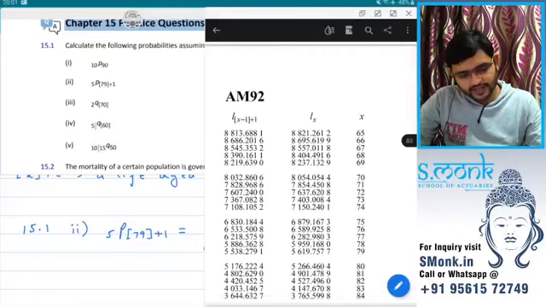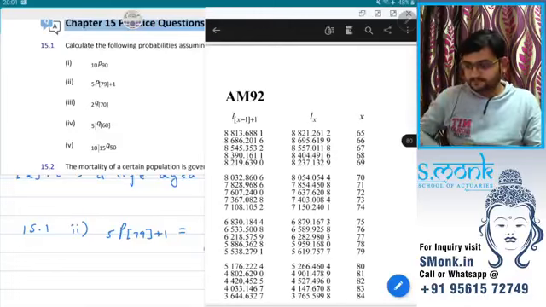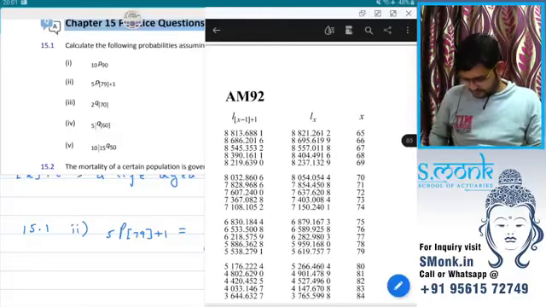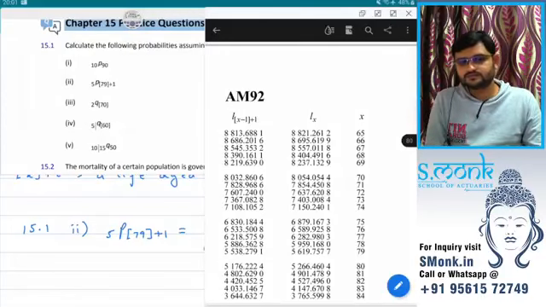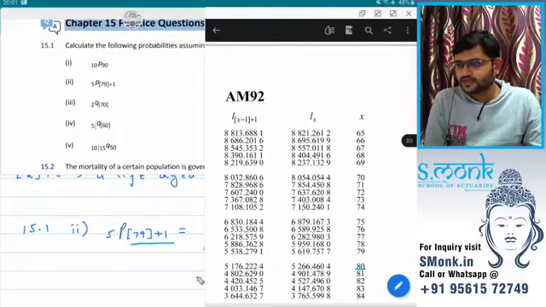So we will go to age 80. The person is at age 80 because of 79 plus 1, but selected 1 year ago. That would be this value. So this is the value that we will be taking into account.